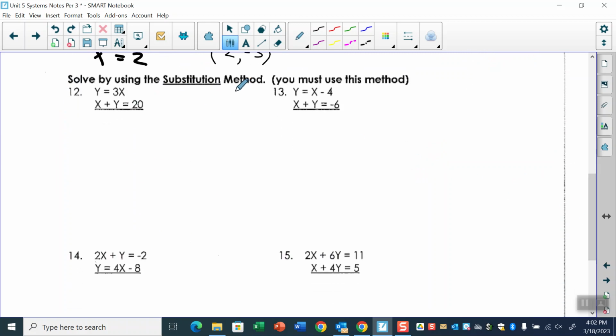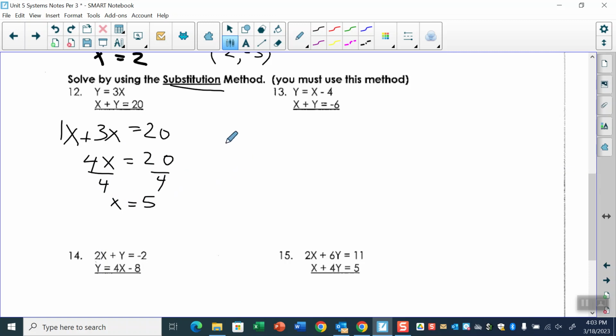Here, using the substitution method, if you have y all by itself, you substitute the 3x in for where you see the y. So I'm going to rewrite this equation. I'm going to say x plus, but instead of y, I'm going to put in 3x. That's what substituting is. Equals 20. Then 1x plus 3x is 4x, which equals 20. Divide by 4, so x equals 5.